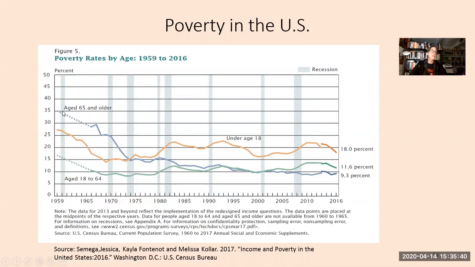Now, what you see here is the impact of Social Security payments kicking in, because when it was introduced, it didn't immediately give everyone much money at all. People had to build up credits in the system in order to get more than a certain floor. So you see it coming down here.